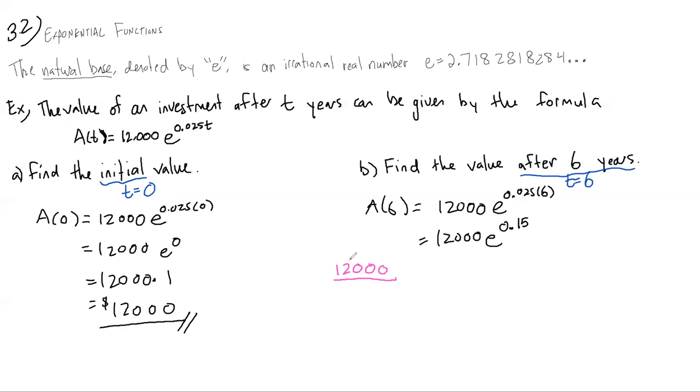Most of your calculators are going to require you to use some kind of shift button, or it might be labeled as second, to hit the secondary options. There's not really usually an e button. Typically the button that you're looking for is this one that says ln.